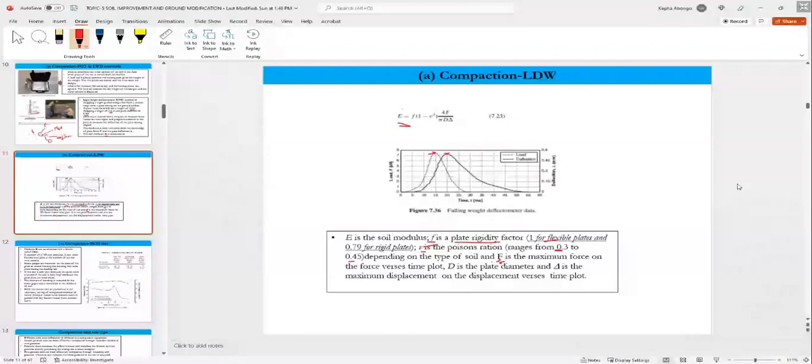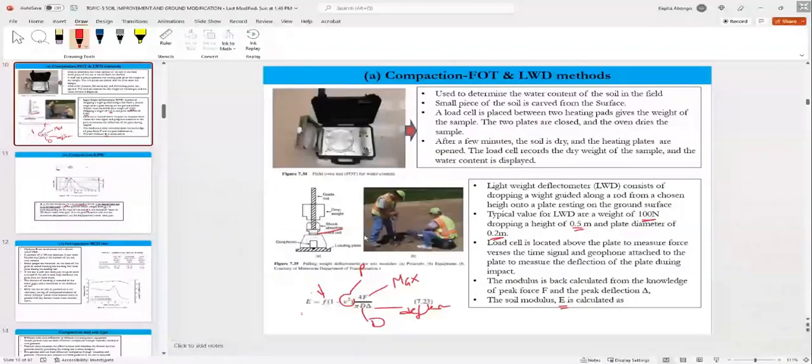So Humphreys wants me to repeat the light with the deflectometer. This is just you have a plate down. This deflectometer has a geophone for measuring deflection and a load cell for measuring the load.